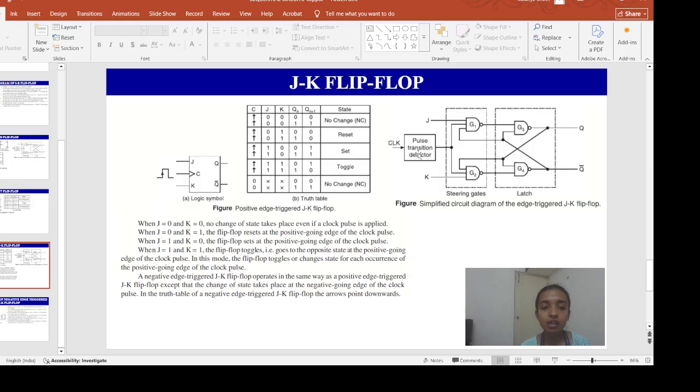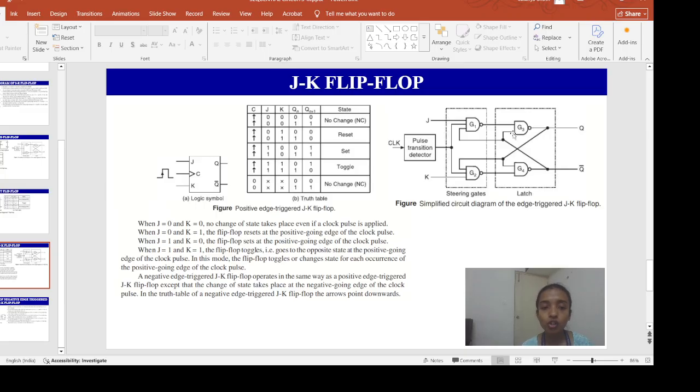So when you are applying the clock signal, the narrow positive pulse of the edge detector is inverted by this gate G1, that is, it steers the spike inverted because its other inputs J and Q bar are both 1, to get to this gate G3.